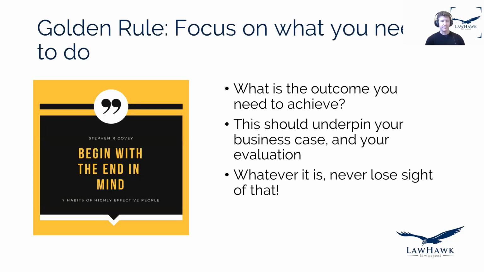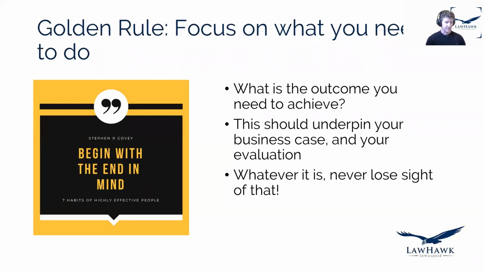So the golden rule, the most important thing that I would suggest that you should really focus on is always keep in mind what is the outcome that you need to achieve. If you keep that front and center, it goes a very long way to being able to filter out all the other noise and to work out what it is that's going to be most important for you.